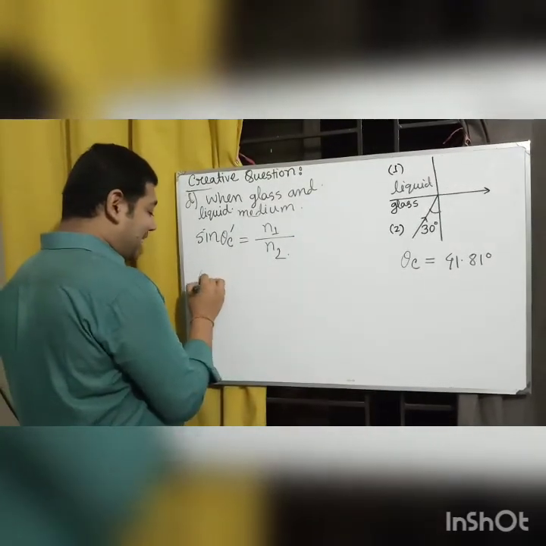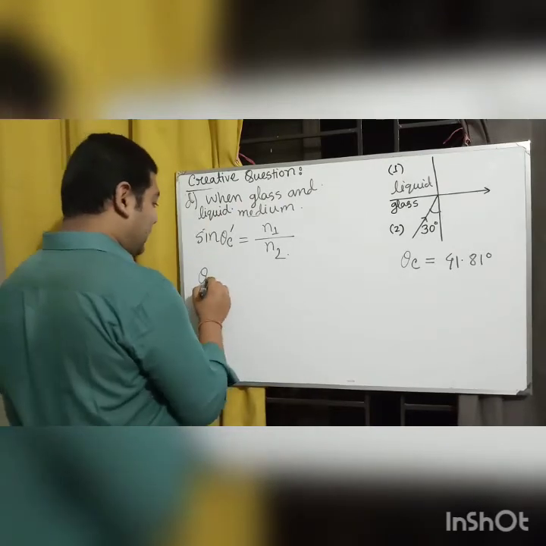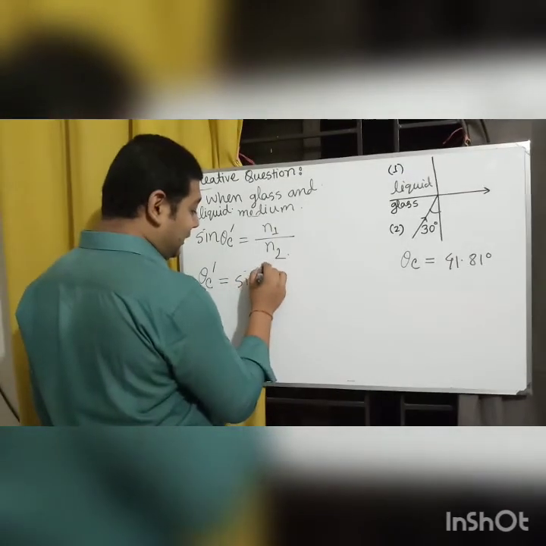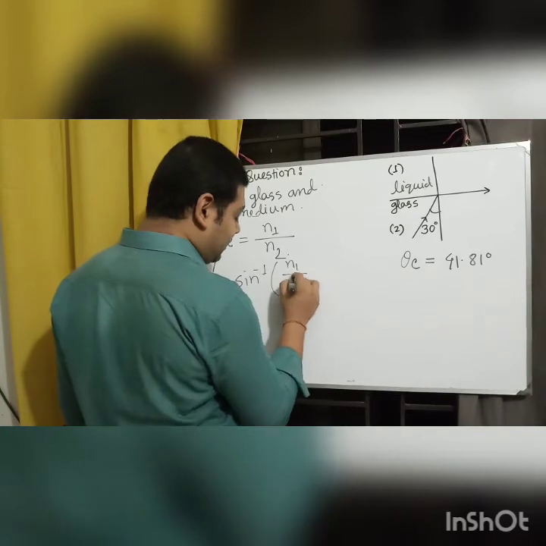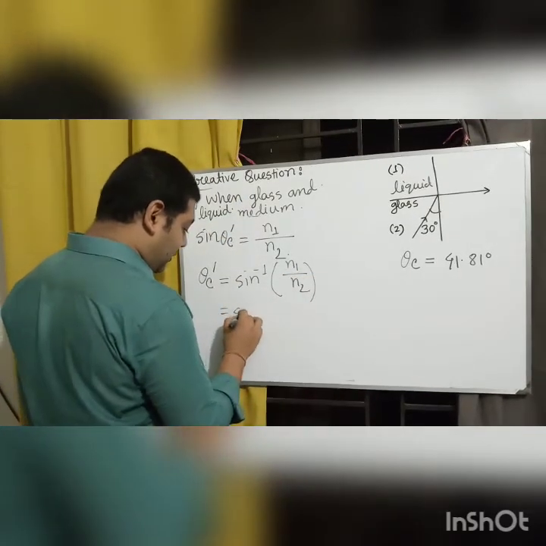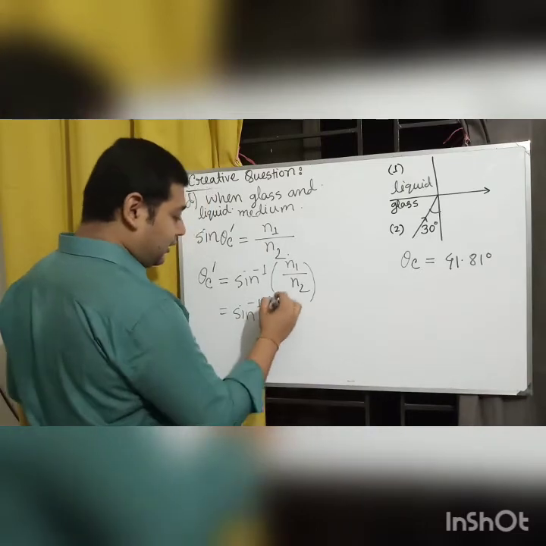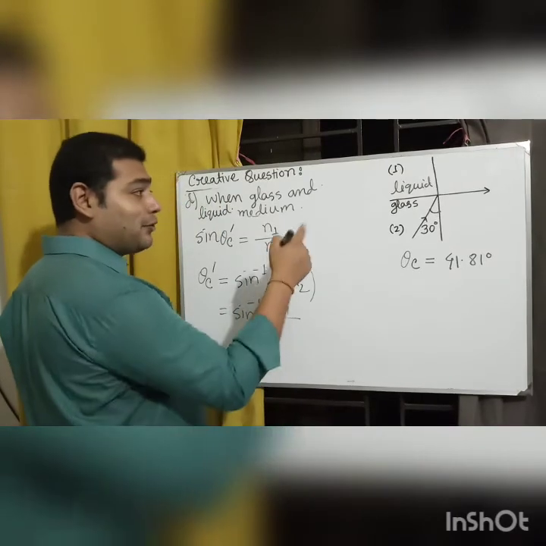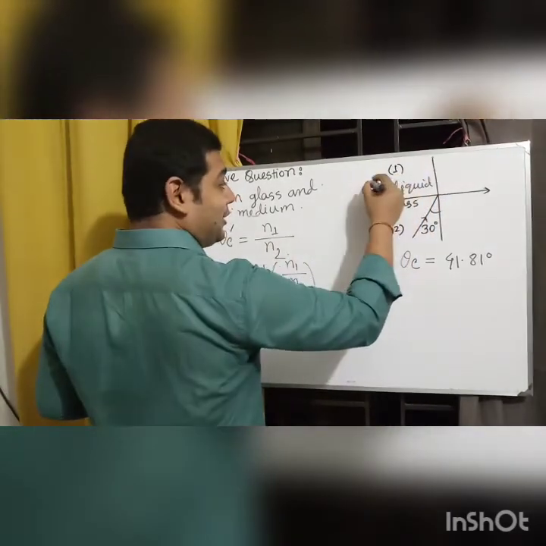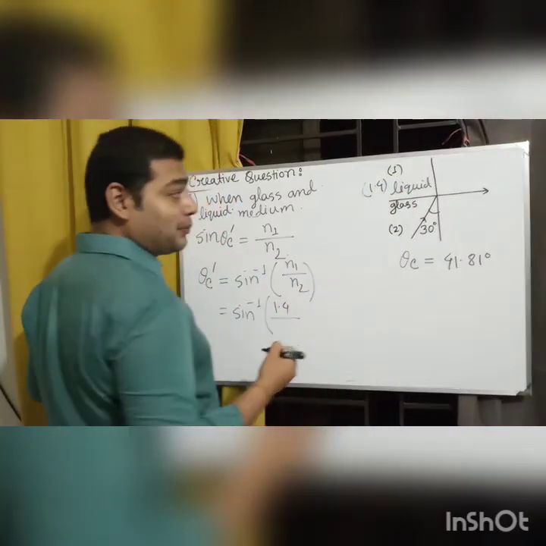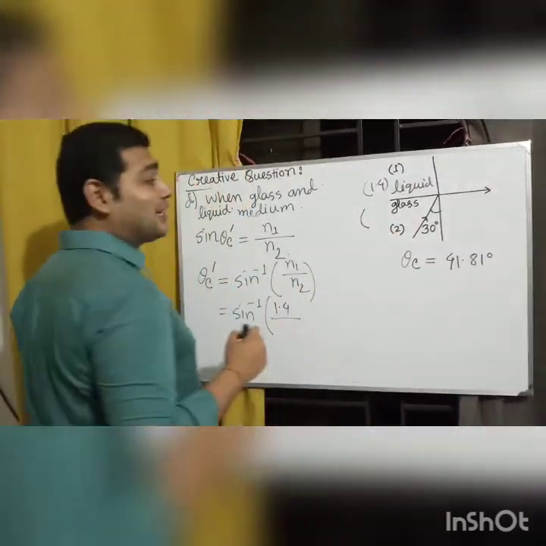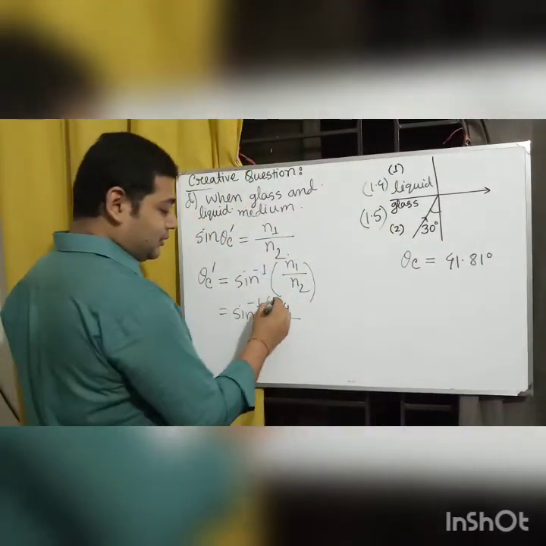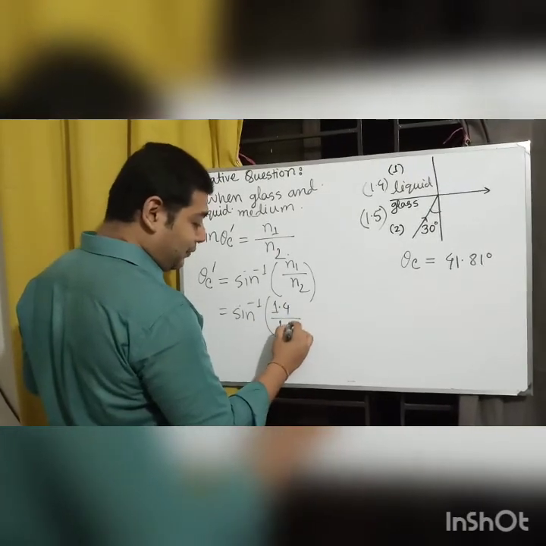So our second critical angle theta c prime equal to sin inverse n1 by n2 equal to sin inverse of 1.4 divided by 1.5. Here n1 is the refractive index of the given liquid, 1.4, and we know that the refractive index of glass is 1.5.